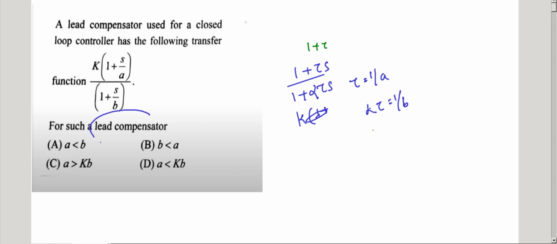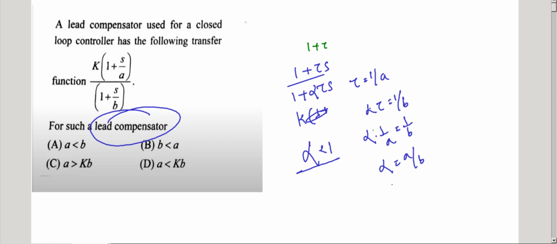The given compensator is a lead compensator, alpha less than 1. So alpha into 1 by a equal to 1 by b, alpha equal to a by b, alpha less than 1, a by b less than 1, a less than b is the lead compensator. Option A is the correct answer.